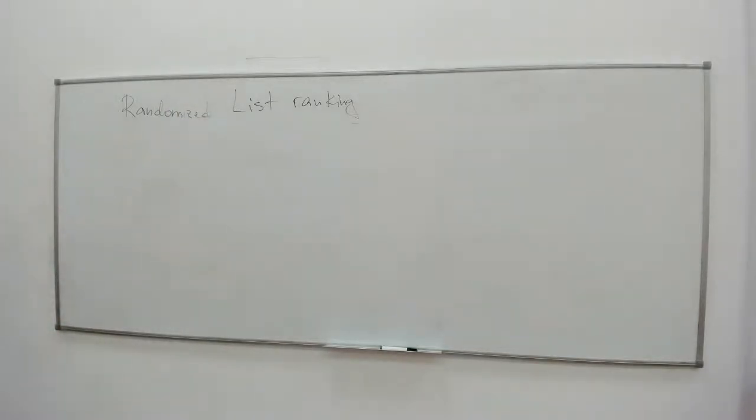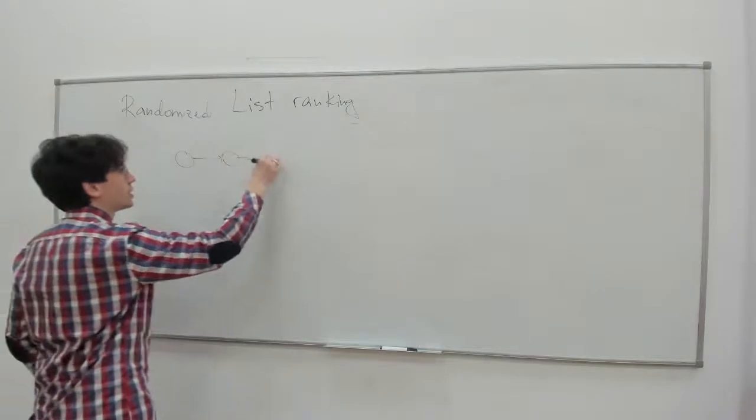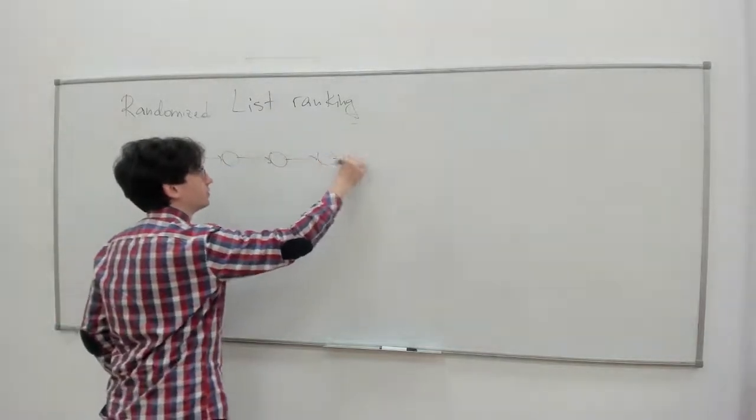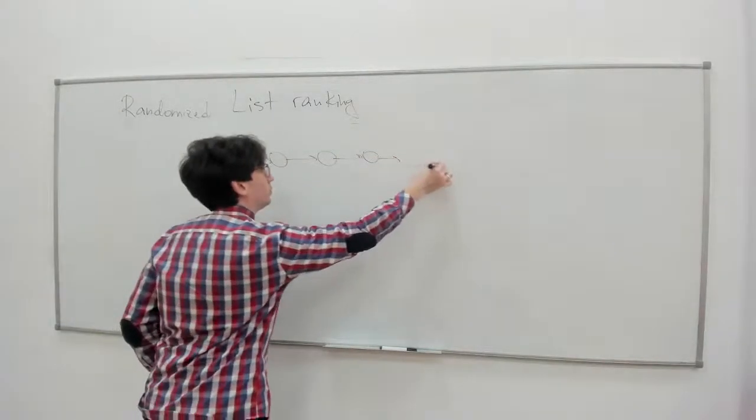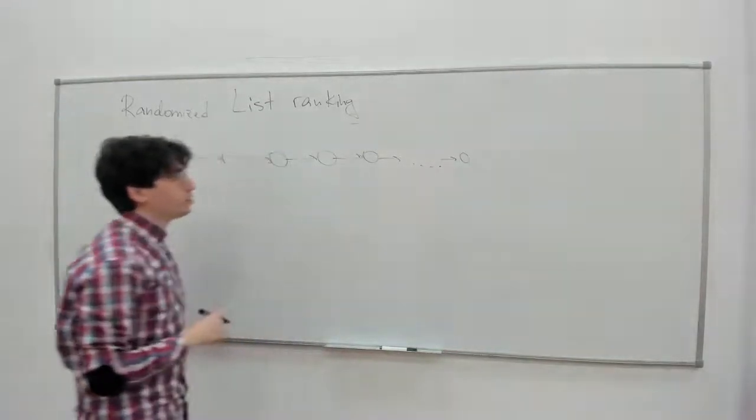I will show randomized list ranking, which is much simpler than everything you've experienced before. It is named randomized because our search for an independent set will be randomized. So we have this list, and then you do the following.